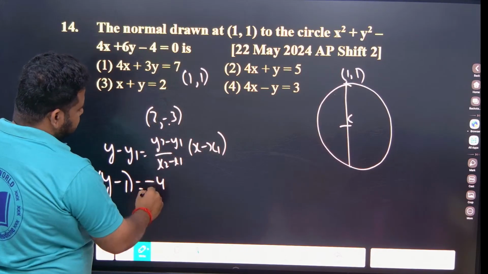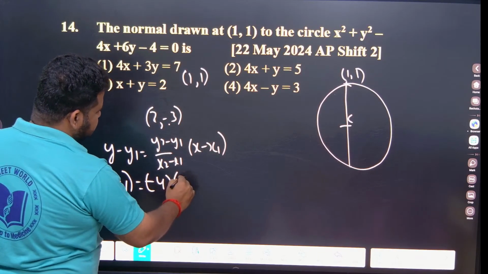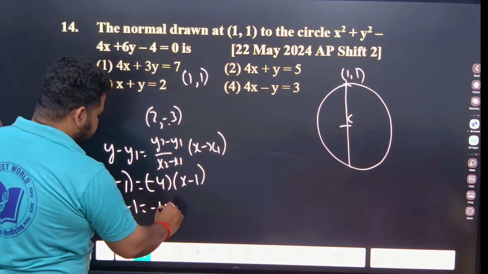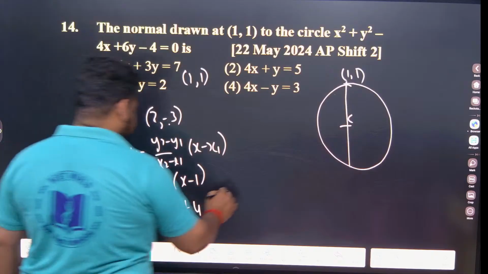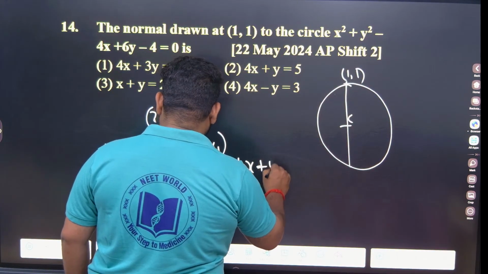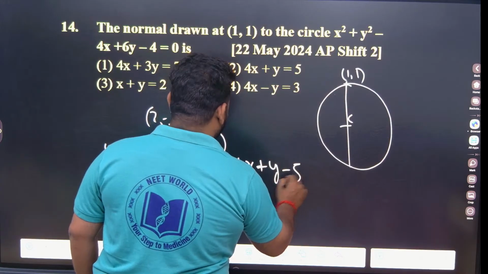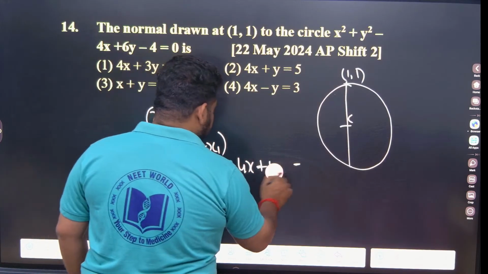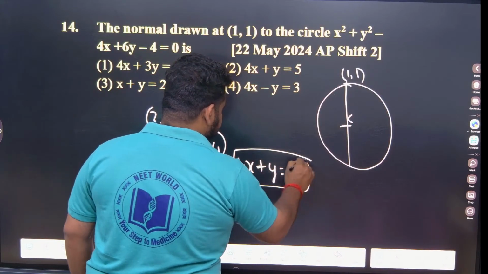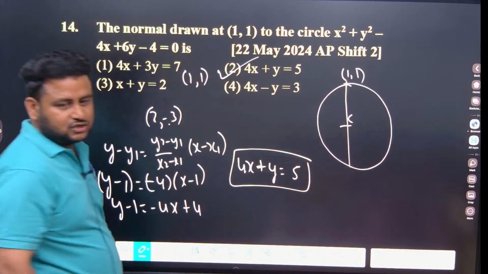X2 minus x1, 2 minus 1, is 1. Into x minus x1, which is x minus 1. So y minus 1 is equal to minus 4x plus 4. If I take it to that side, this becomes 4x plus y minus 5 is equal to 0, so 4x plus y is equal to 5. That is the second option. That's all.